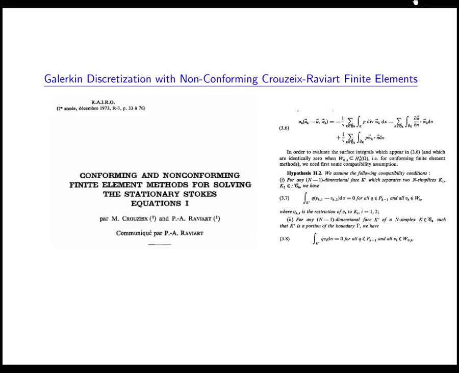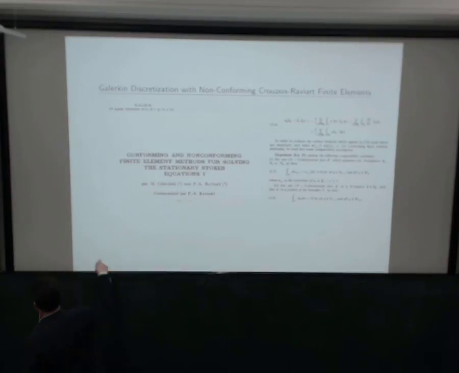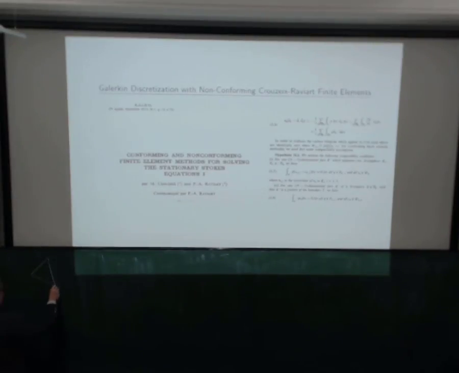And he did these non-conforming finite elements, and he did this analysis, of course, in 2D, which we all know, and the lowest order Crouzeix-Raviart element, where you say the functions are linear on each triangle, and you require continuity in the midpoint of the edges. This is, of course, in 2D.